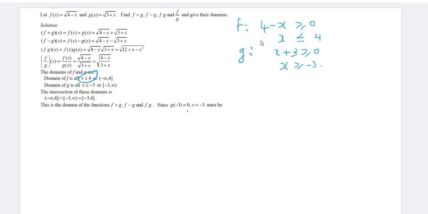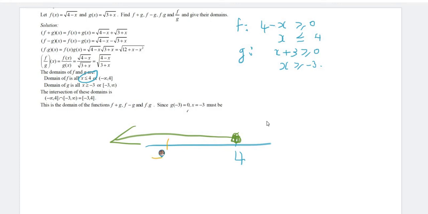So therefore, if you look at this now, if we look at a number line now, we've got 4 there, and it's telling us that it must be less than or equal to 4. So basically less than or equal to 4. And it's telling us we've got minus 3, and it's greater than or equal to minus 3.